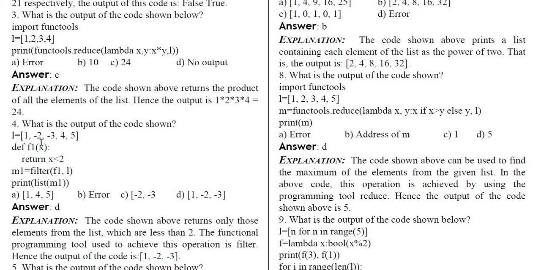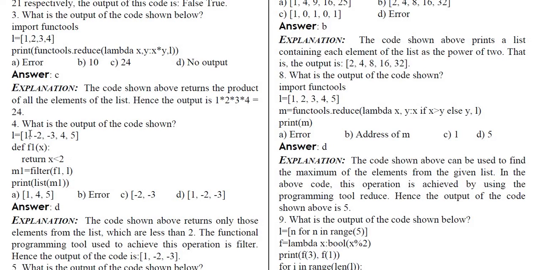What is the output of, again, code is given over here. Now you can see that here one list is there, then the function, and the function returns x less than 2. Fine. ml is equal to filter(f1, l), where l is the list. Print list(ml), the variable to which we assigned filter(f1, l). Now it's saying x should be less than 2.